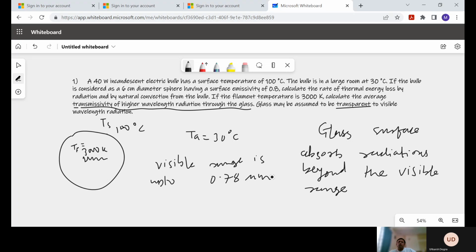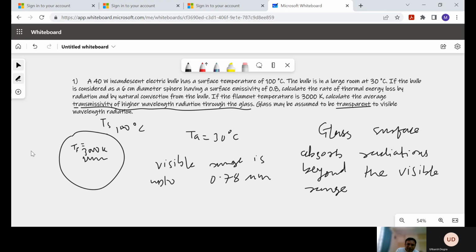Isn't it? It is 0.3 to 0.78, but we are neglecting even the initial 0 to 0.3. That also we are considering as a visible range for the sake of simplicity. We can solve the exact problem also by taking 0.3 to 0.78. Doesn't matter. Make sense, Utkarsh? Yes, sir. Okay, all right.